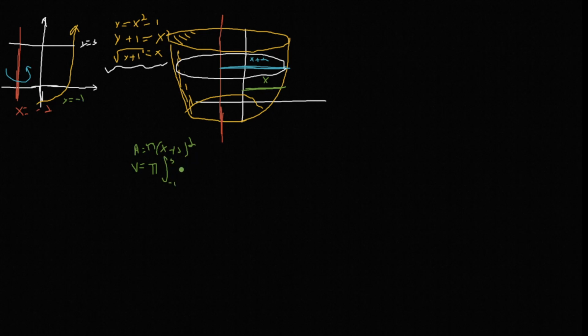And then we're going to go from the square root of y plus 1 plus 2, just substituting our square root of y plus 1 in for x. And then we're going to square that. And we are doing this with respect to y. We are adding up these tiny disks, these tiny rings in the y direction.